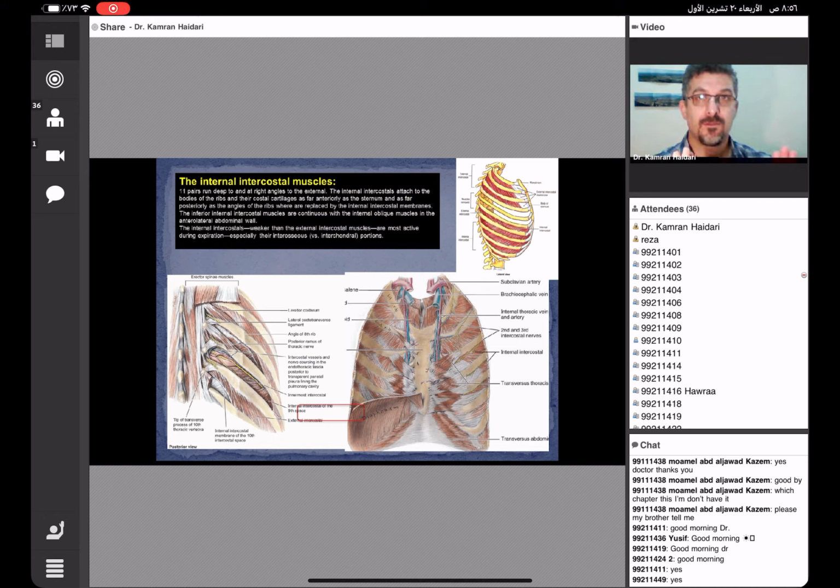Same level, but they are separated from each other, and arises from the internal or posterior surface of the sternum in the lower half of this bone. You can see the posterior surface of the sternum at its lower half, and arises from the xiphoid process.